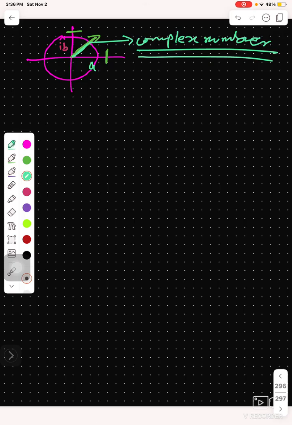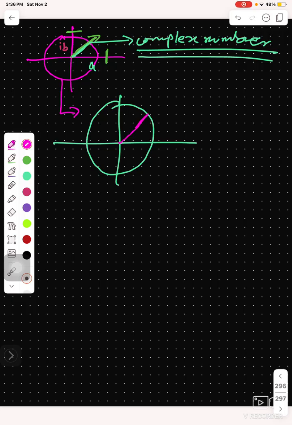Then let's suppose we have the same space, but in this space we have the complex number, and we want to find the values of a and b. And this is theta.